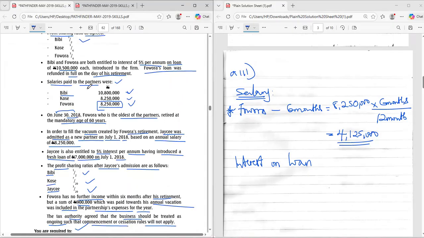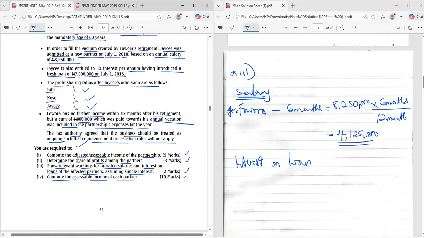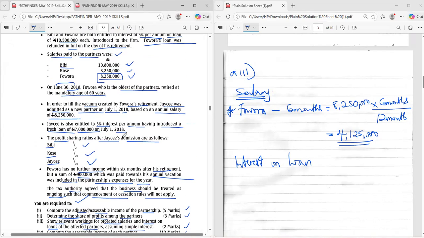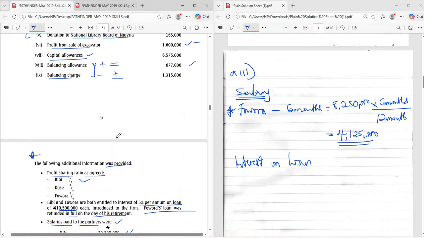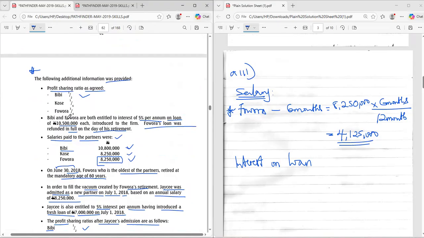So the next one is, the question says prorated salary. We have done the prorated salary for Fowora. Then the next one is interest on loan. Basically, there are 3 persons that gave us loan. It said BB and Fowora are both entitled to interest of 5% per annum on 10,500,000 each introduced to the firm.